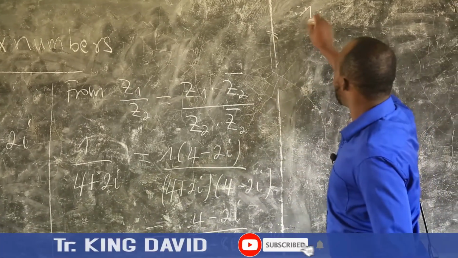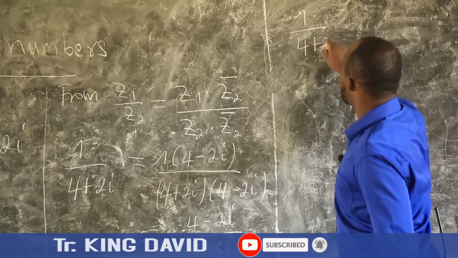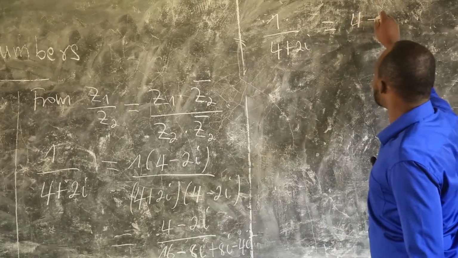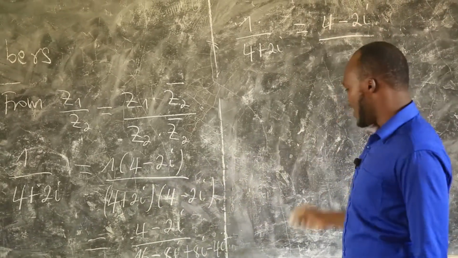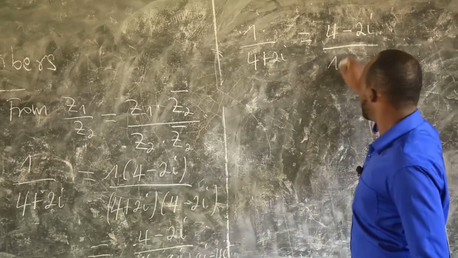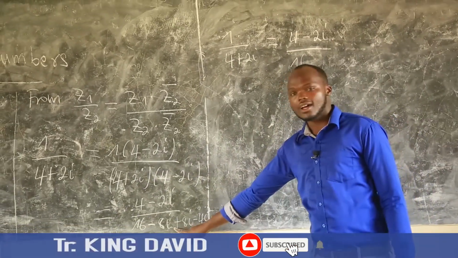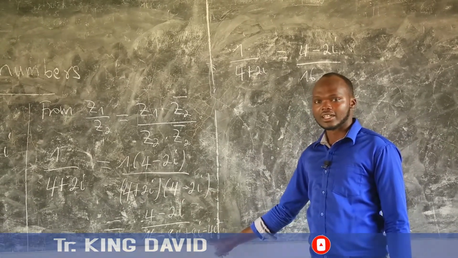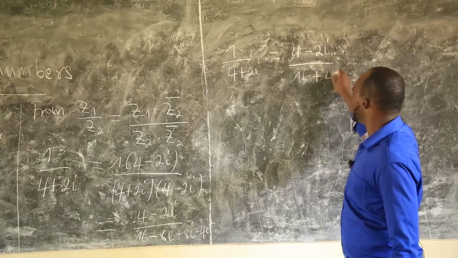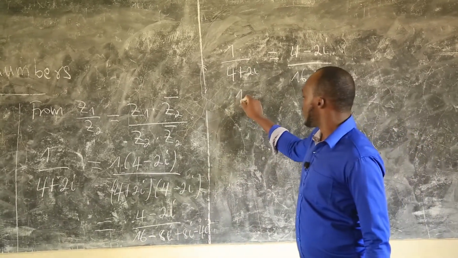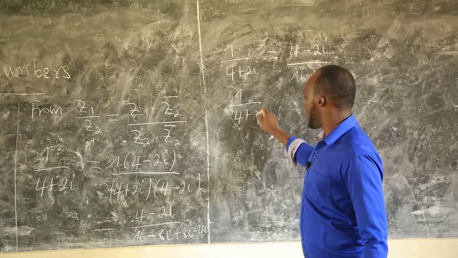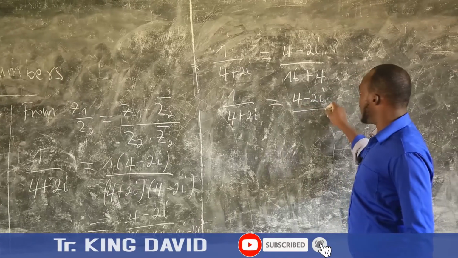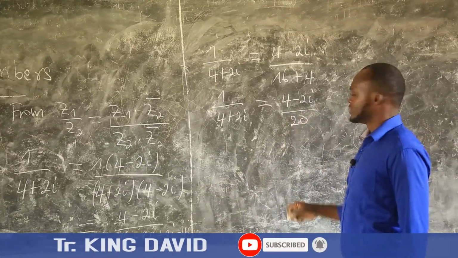So meaning that 1 over 4 + 2i, the answer is (4 - 2i) divided by 16. Then -8i plus 8i, that is 0. i squared times -4, that is positive 4. So 1 over 4 + 2i, the answer is (4 - 2i) divided by 20.